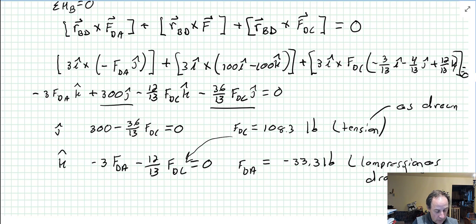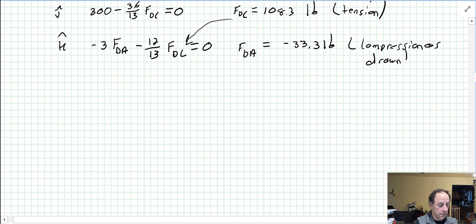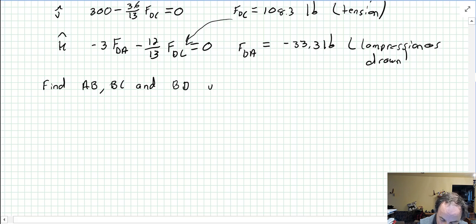Okay, so next we're going to find AB, BC, and BD using method of joints.